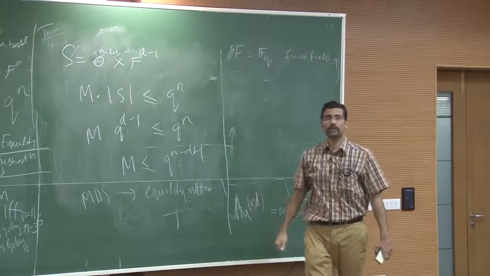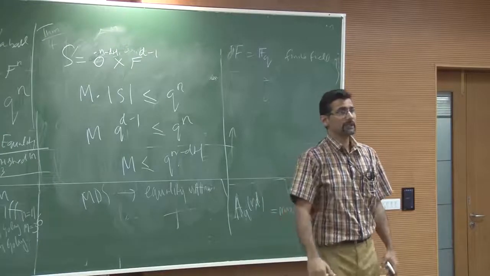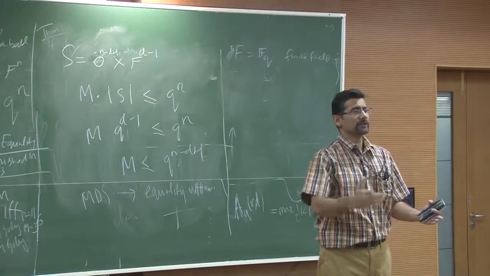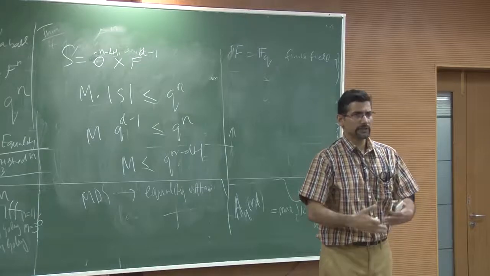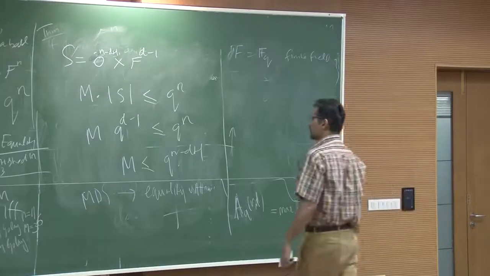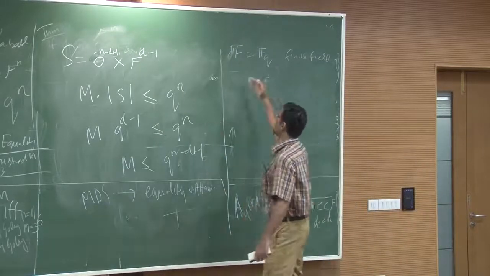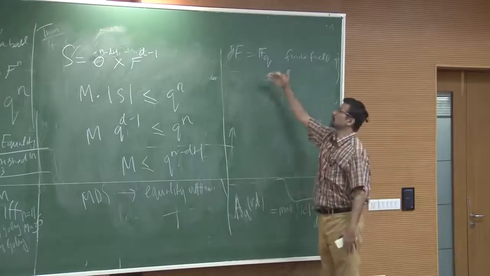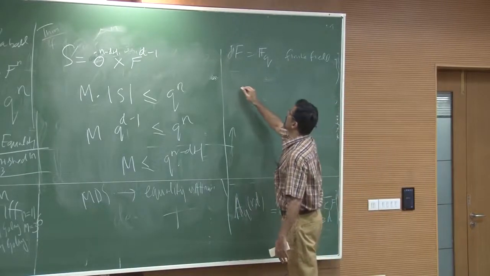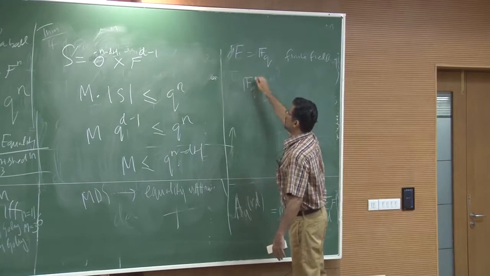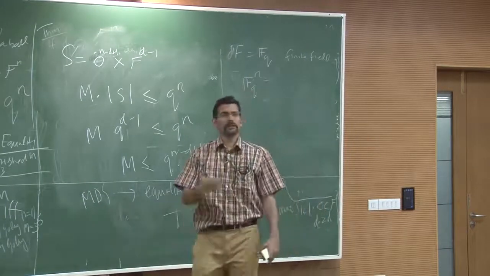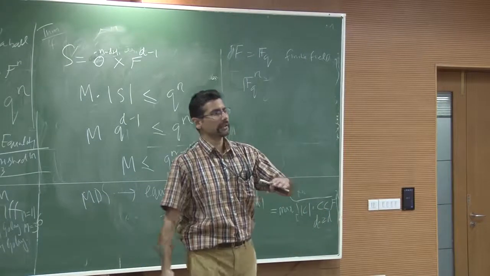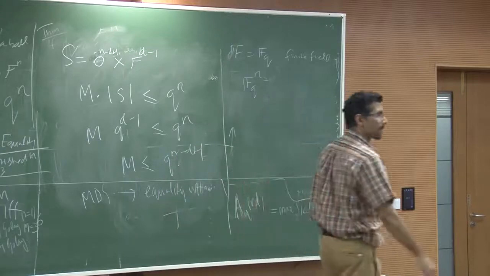For example, there is a finite field with 4 elements and it does not look like 0, 1, 2, 3 with 4 being 0. It's different. I will no longer think of my alphabet as being Z mod qZ, because this is already F_q. And so F_q to the n, words of length n, I interpret as vectors in this, just like you have R to the n, you have some other field.